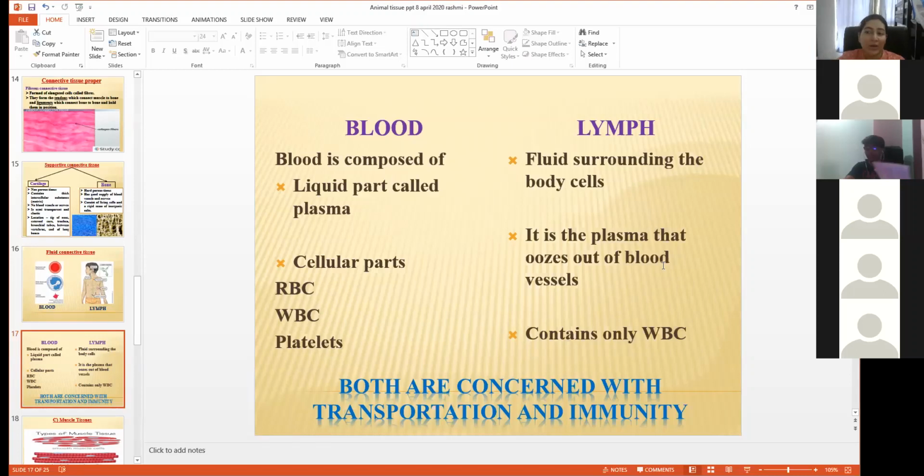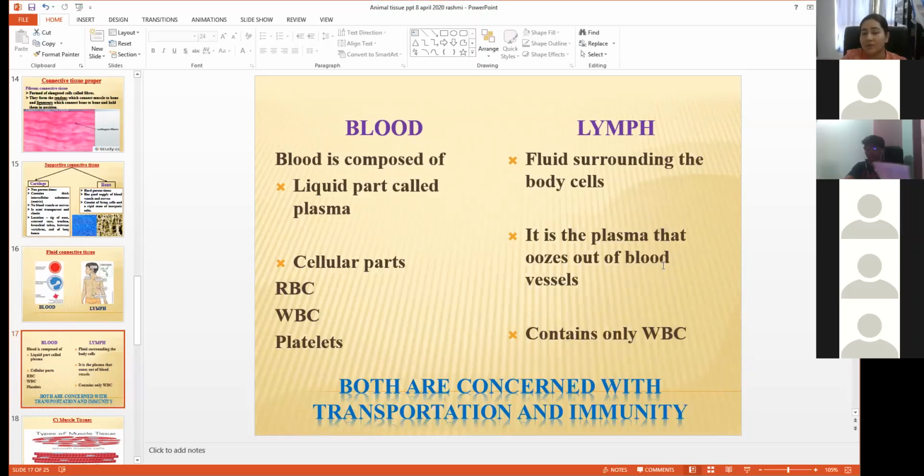So what do we have to do in this case? The lymphatic system comes into place and takes up that plasma and gets it back into the circulation.